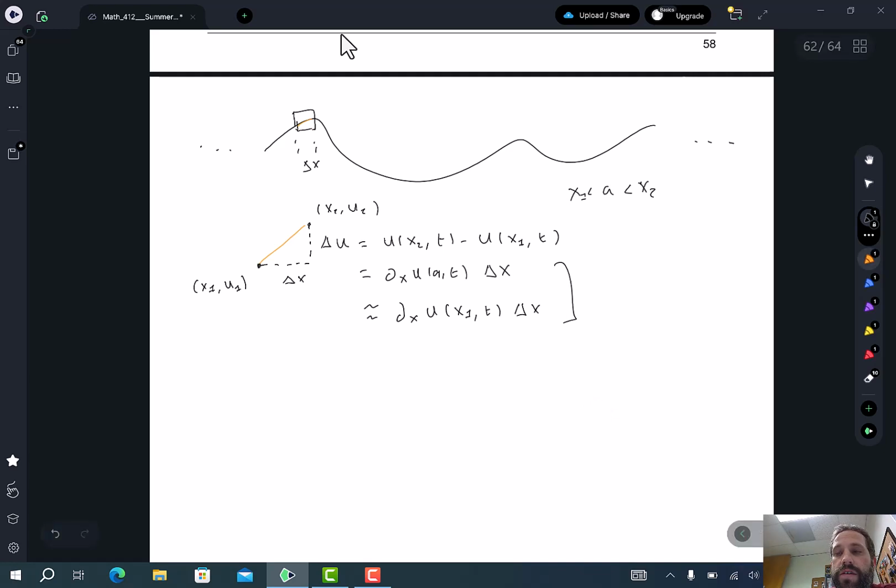Another method for doing this approximation, method number 2, is to Taylor expand u centered at x1 and ignore the higher order terms. We're going to do that in just a moment.